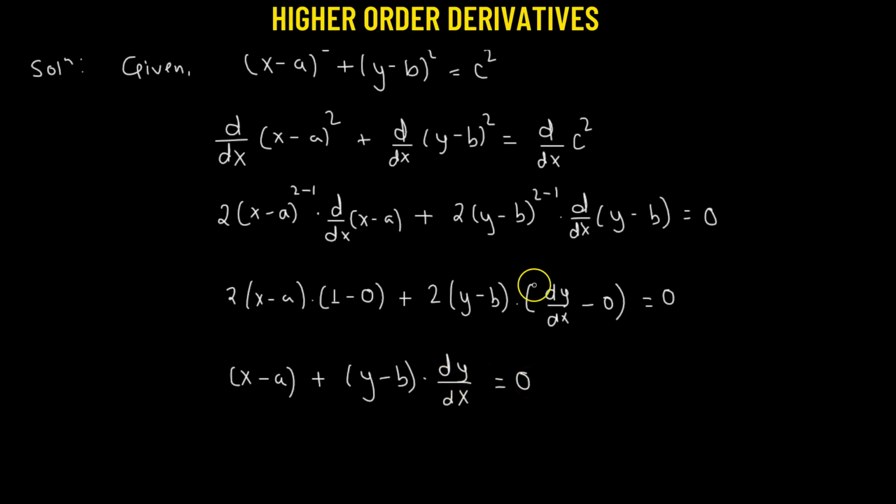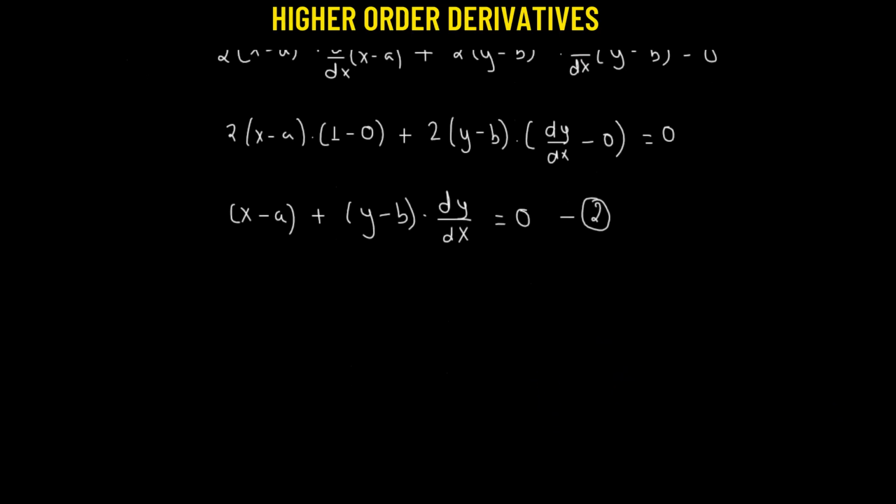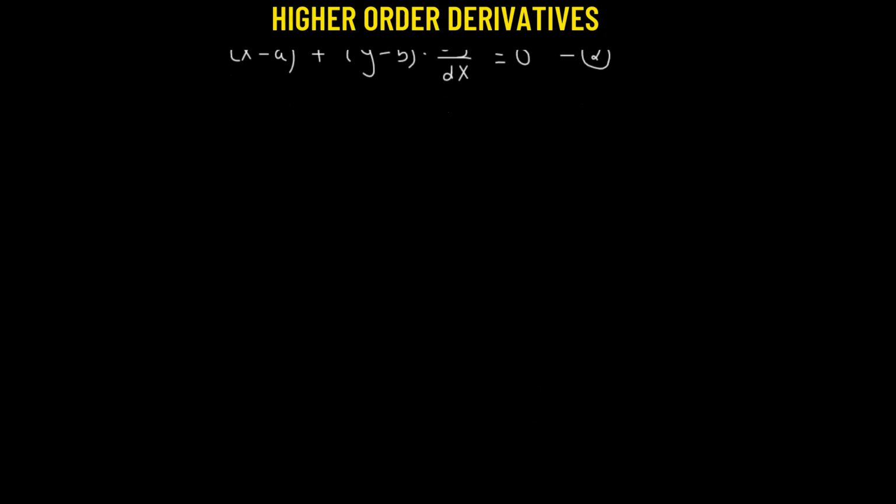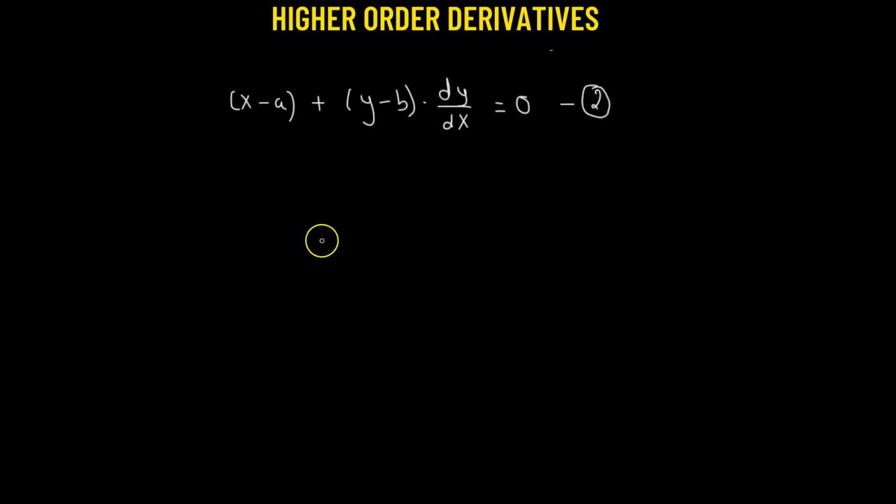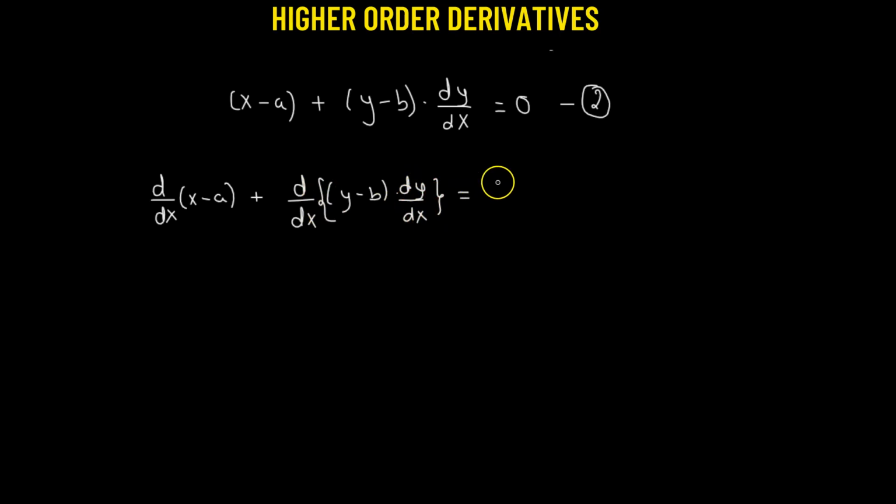Now we will consider our original equation as equation number 1 and this as equation number 2. We'll be using this. Now we'll take the derivative on both sides of equation number 2 with respect to x. So we have the derivative with respect to x of (x minus a) plus the derivative with respect to x of (y minus b) times dy over dx, which will be equal to 0, since the derivative of 0 is 0.